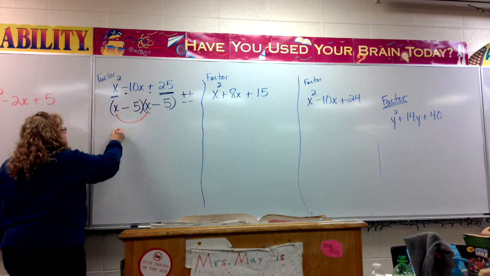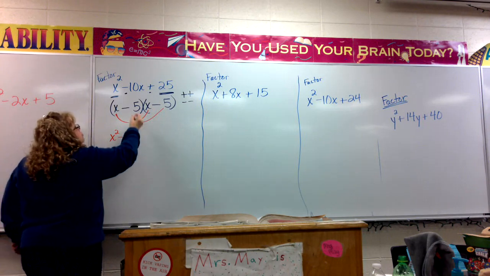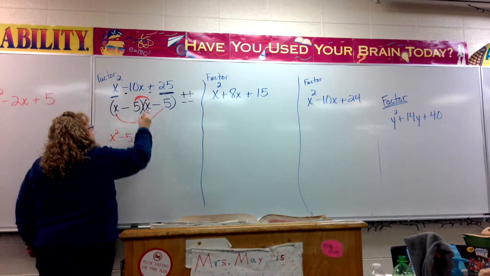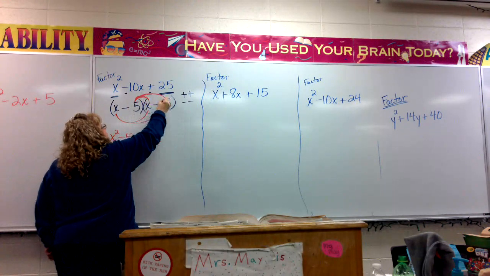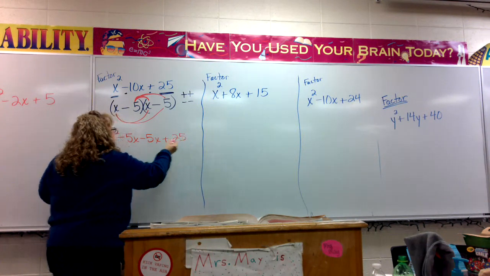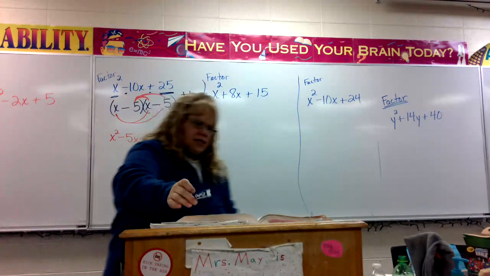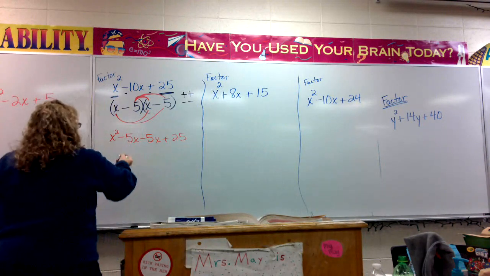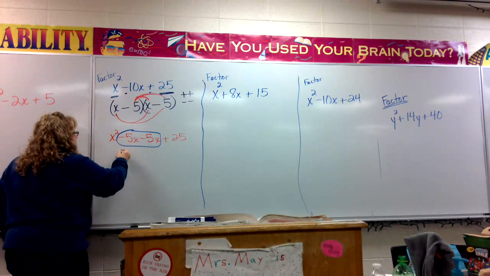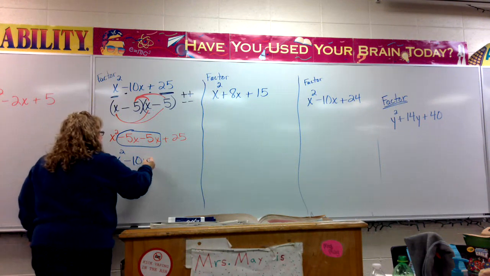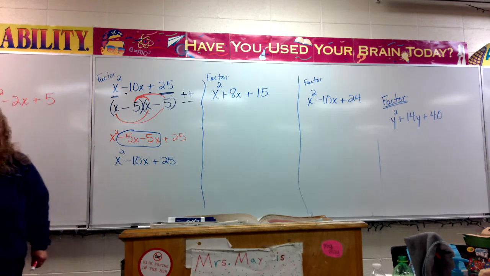Right? And if you wanted to be a really conscientious student, you could multiply this back out. X times x is x squared, x times negative 5, and then move over, what's this? Negative 5x. And what's negative 5 times negative 5? And if you combined your like terms in the middle, x squared minus 10x, like that, right?